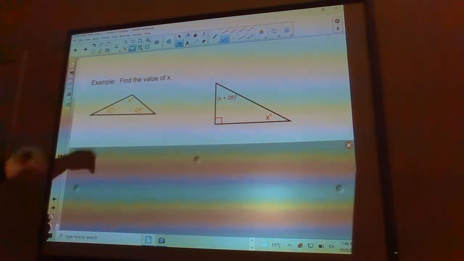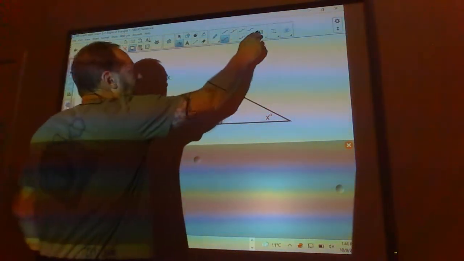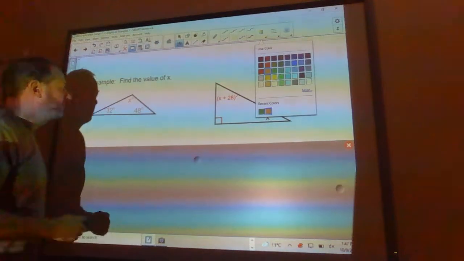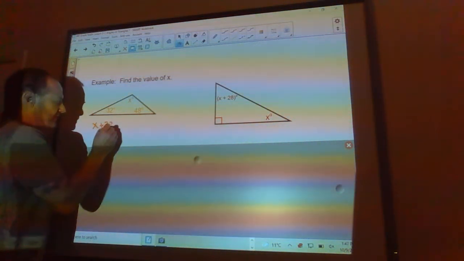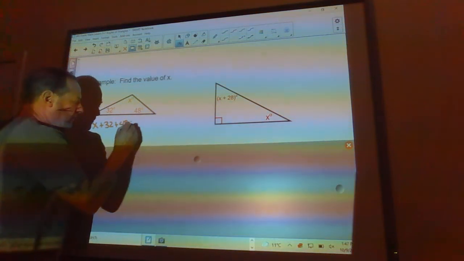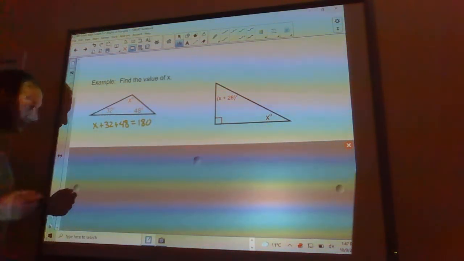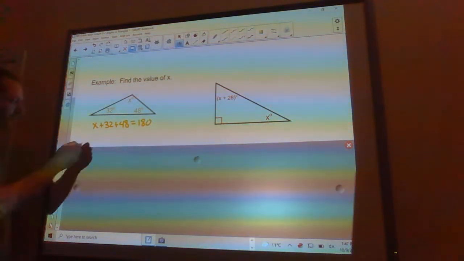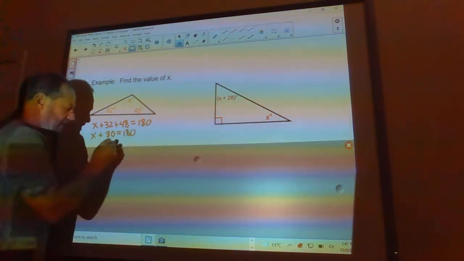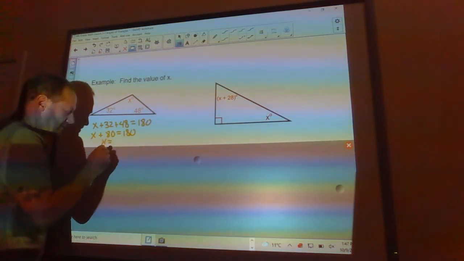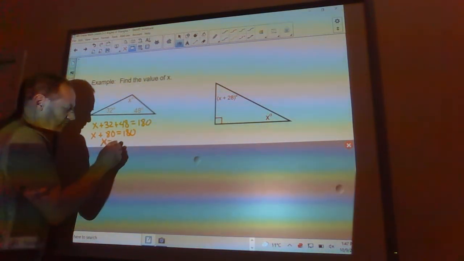Now, find the angle of X. Okay, so if I go here, I know that X plus 32 plus 48 has to equal 180. Okay, so X plus 80 equals 180, and that tells me that X equals 100.